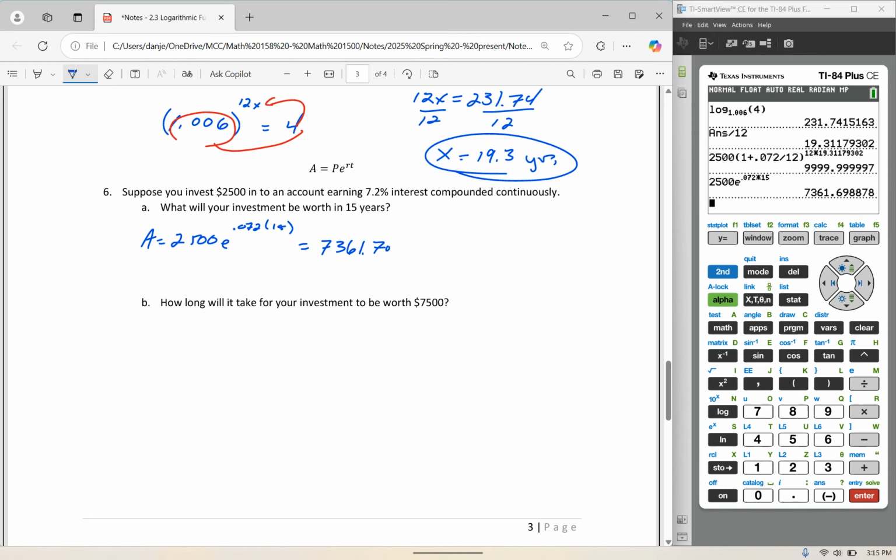Instead, I want to know if I invest my money in this account compounded continuously, how long will it take my account to be worth $7,500?